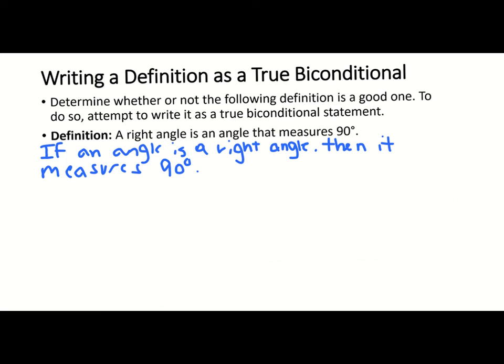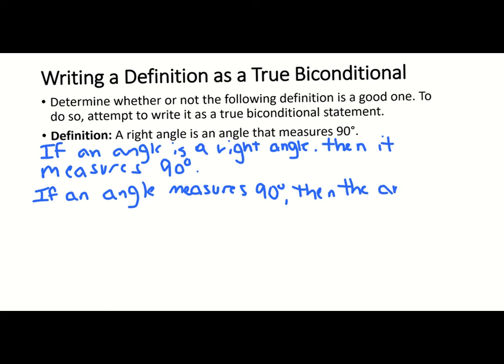If an angle measures 90 degrees, then the angle is a right angle. And again, this is a true statement.